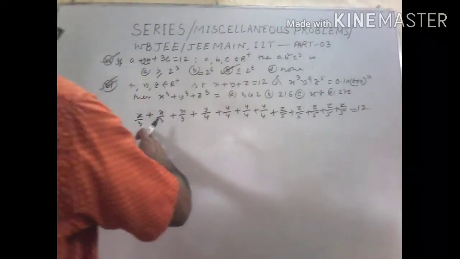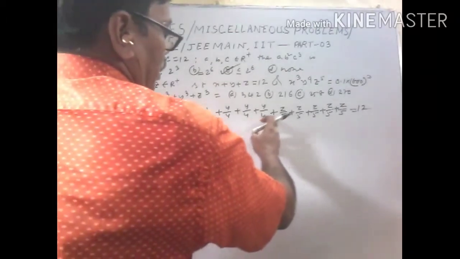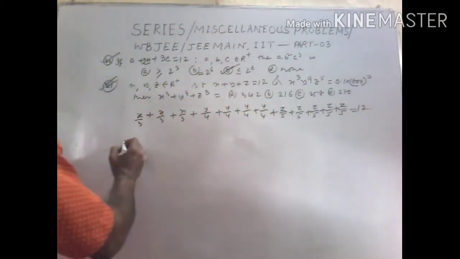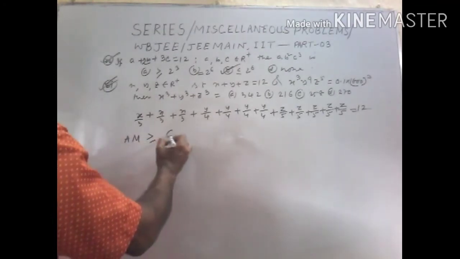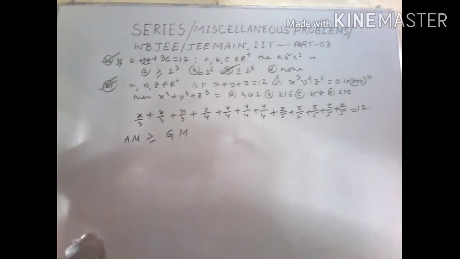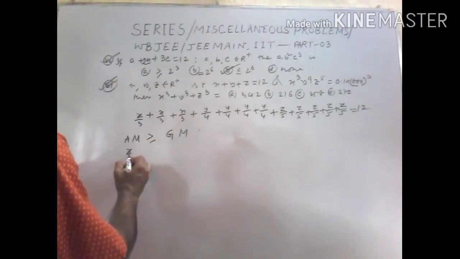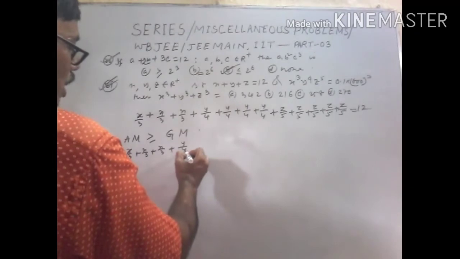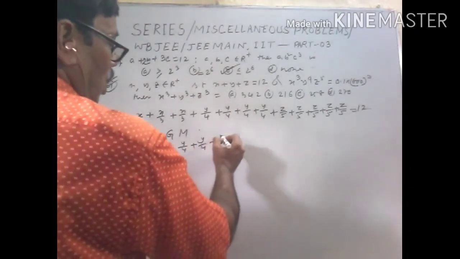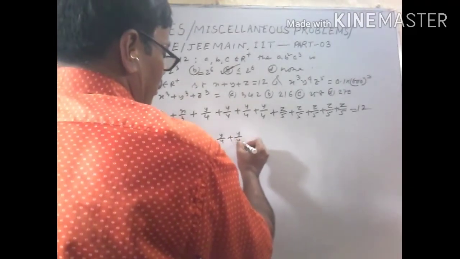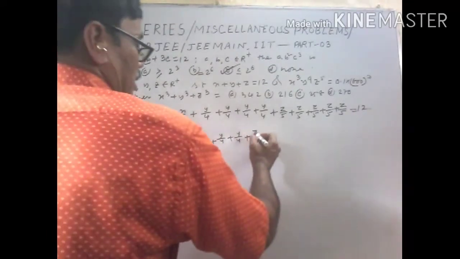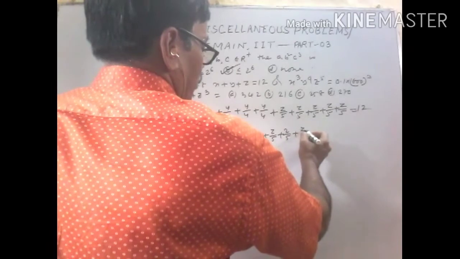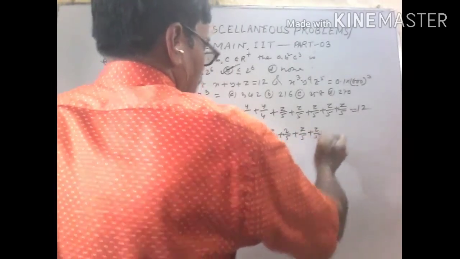Now how many terms? 1, 2, 3, 4, 5, 6, 7, 8, 9, 10, 11, 12. So same technique, AM greater than or equal to GM. So x by 3 plus x by 3 plus x by 3. This is y by 4, y by 4, y by 4 plus y by 4. 4 times, and z by 5, z by 5, z by 5, z by 5, z by 5.